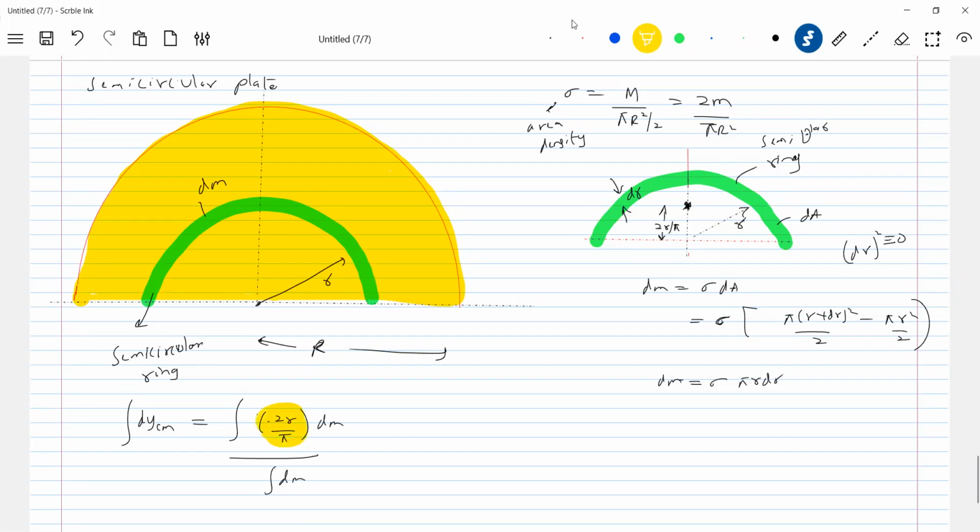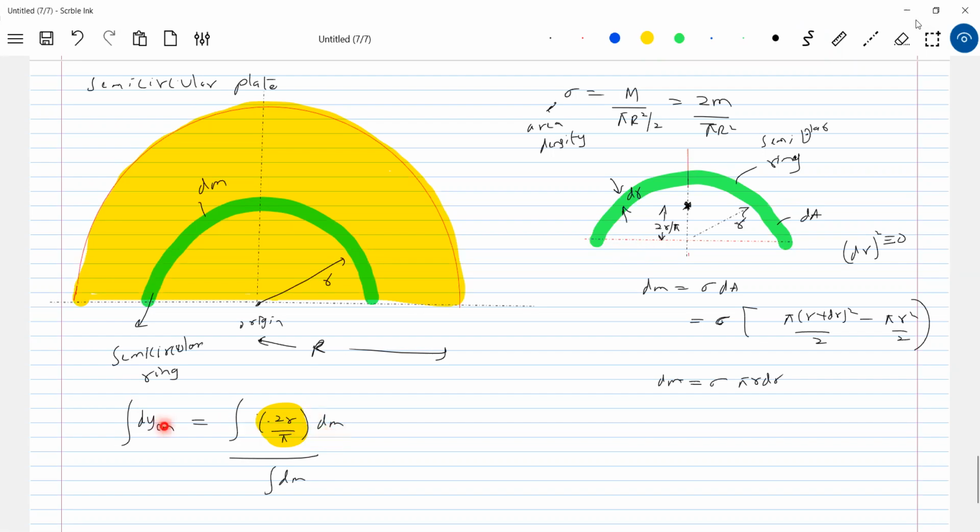What should we write? 2r by pi. Why not r? The elemental strip is not at a distance r from the origin. Sir, why are you writing 2r by pi dm? Why are you not writing r dm?